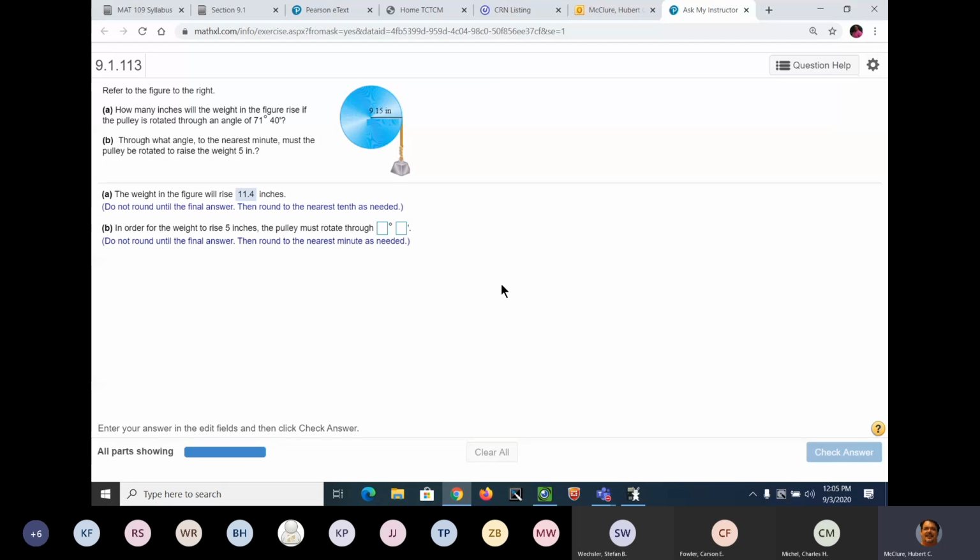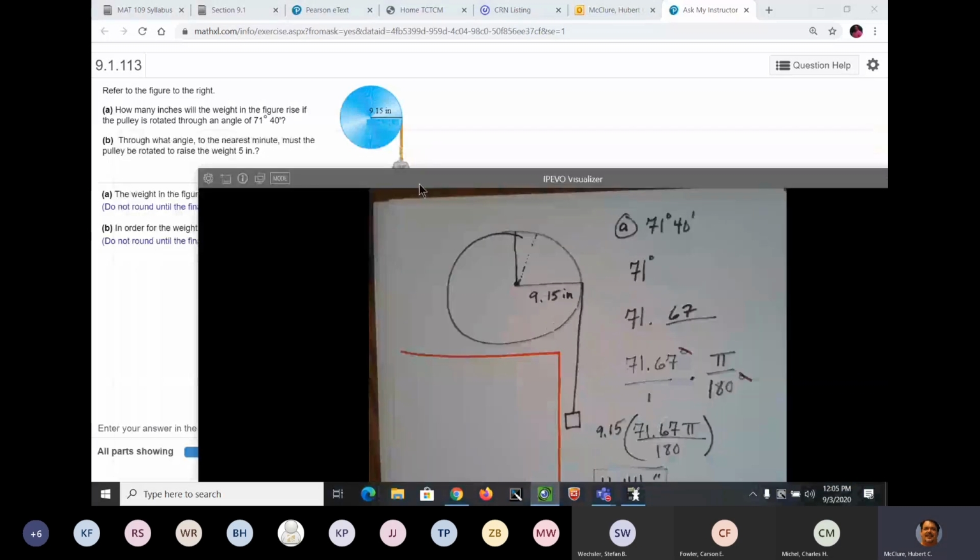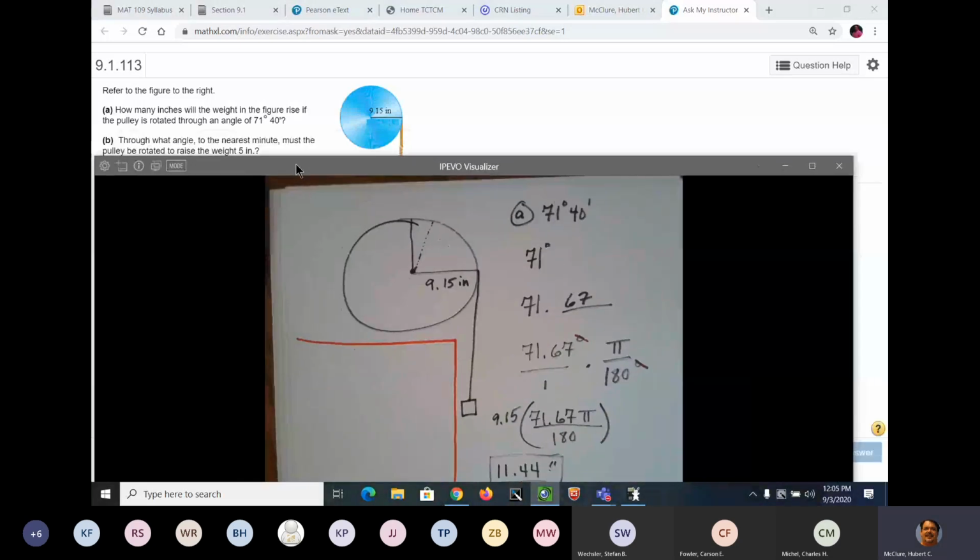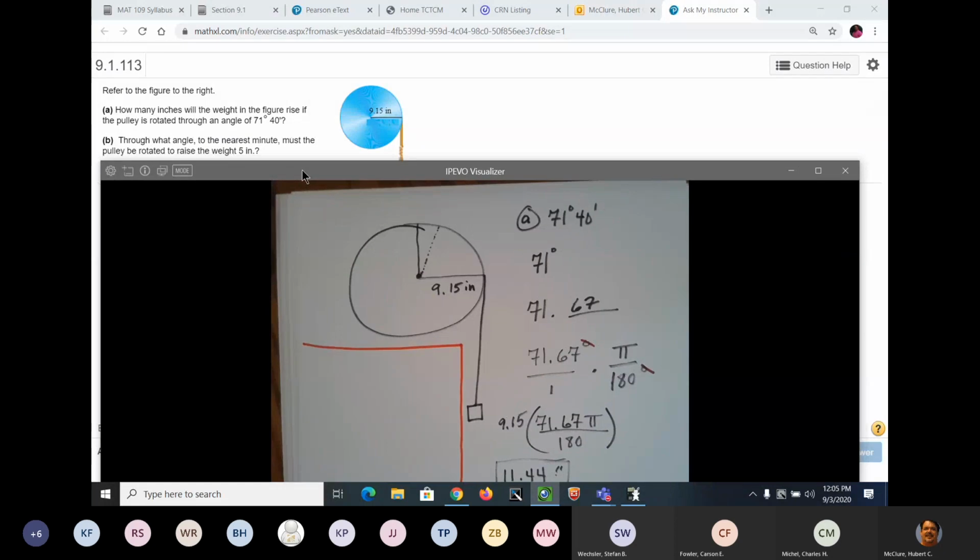Okay, now, what does it say? Through what angle? So you're trying to find theta now. So I'm going to go over here and I'm going to do this in another color. Let's do it in orange. Now it says, through what angle to the nearest minute must the pulley be rotated to raise the weight 5 inches?